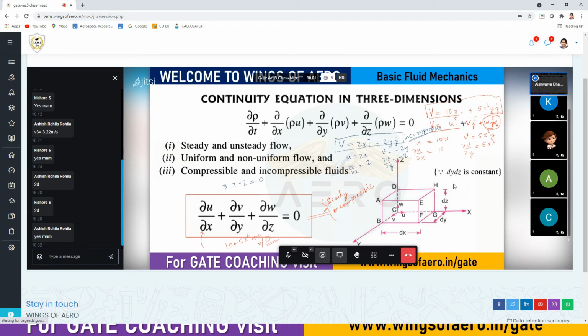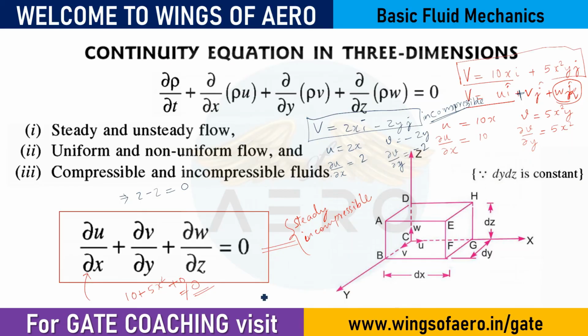Let's see how much we can complete today. Is it clear to all of you? Whenever you have to justify or satisfy anything with respect to incompressible flow, you have to use the continuity equation. You have to use this formula.